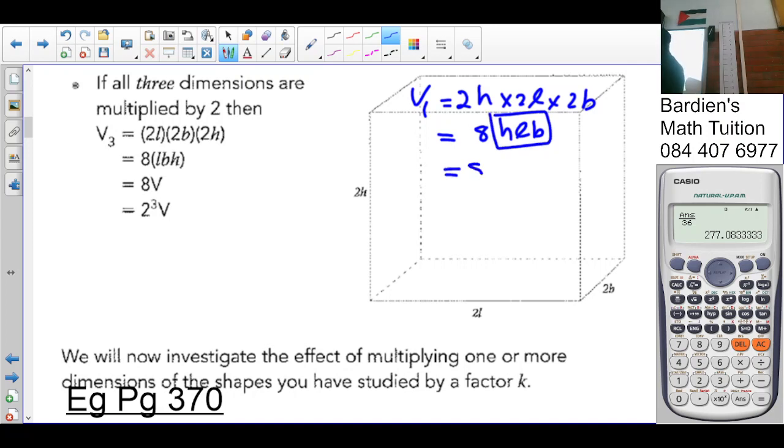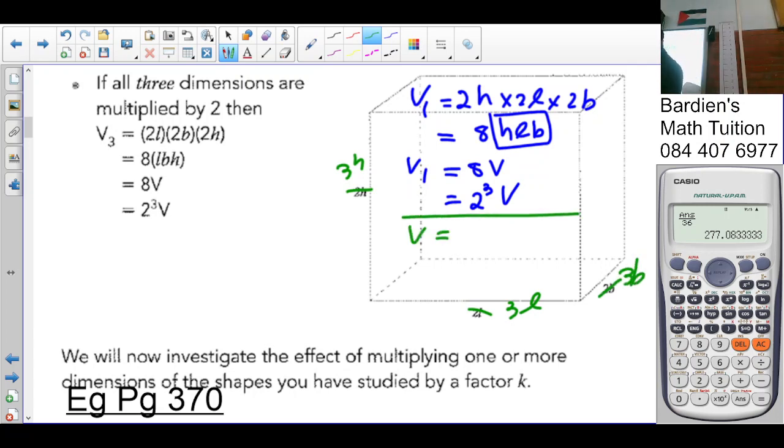Volume. So it's 8 times the volume, which is the same as 2 cubed V. Can you see that? Instead of going with 2, I could have said 3h, 3l, 3b. What would this have been? V1 is equal to 3 cubed V.